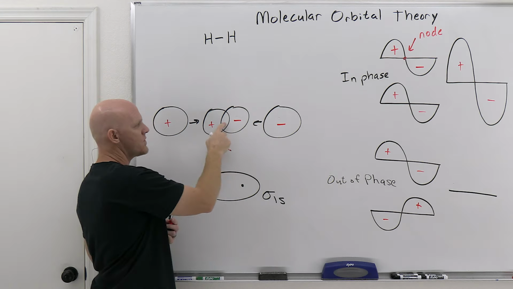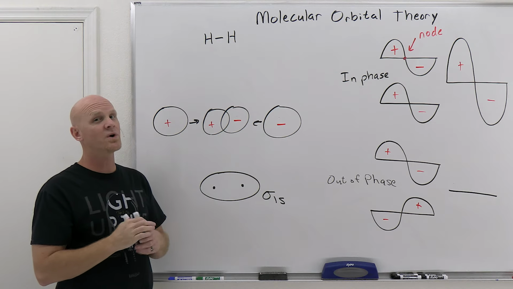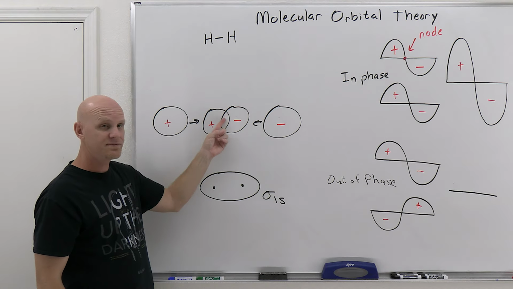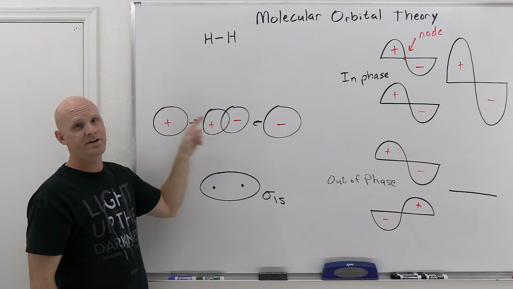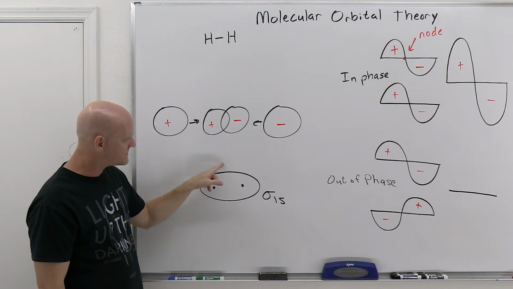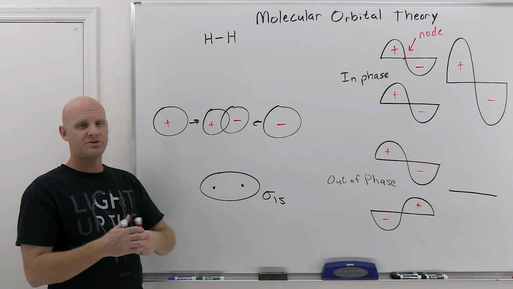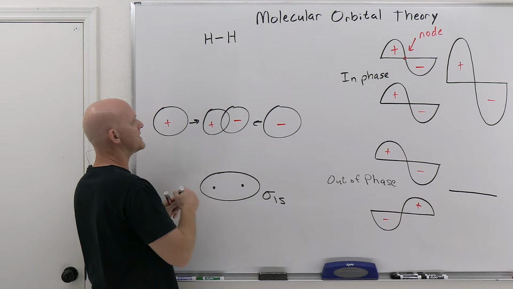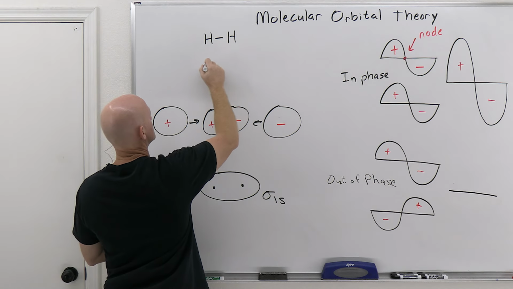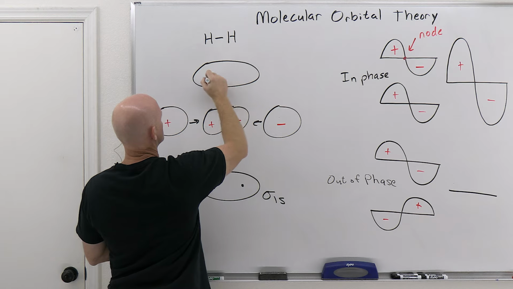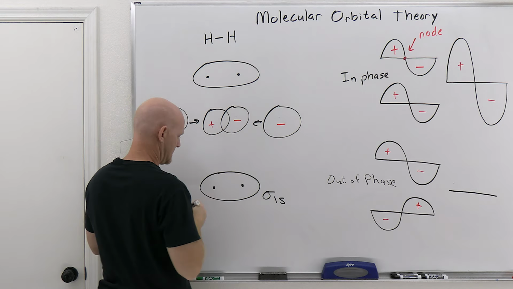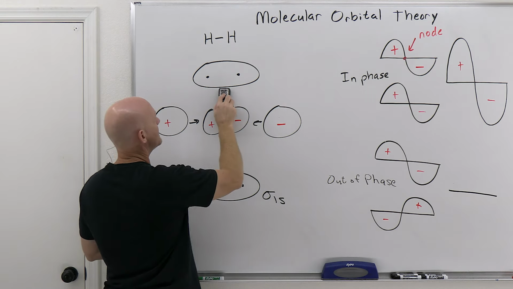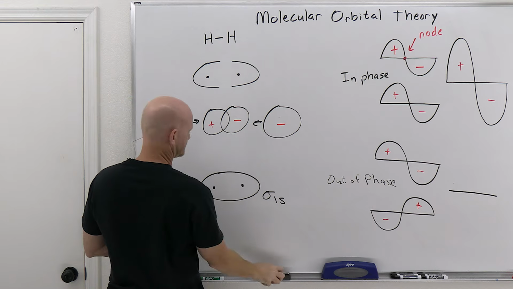if instead one of them has the negative version of the wave function? Well, then when they go to overlap, instead of constructive overlap and amplification, we're going to get destructive overlap now, and it's going to cancel out this region right down the middle. To draw this, there's a couple different ways you can approach it, but what I usually like to do is draw the same thing I drew down here, and then erase the part where they canceled each other out.